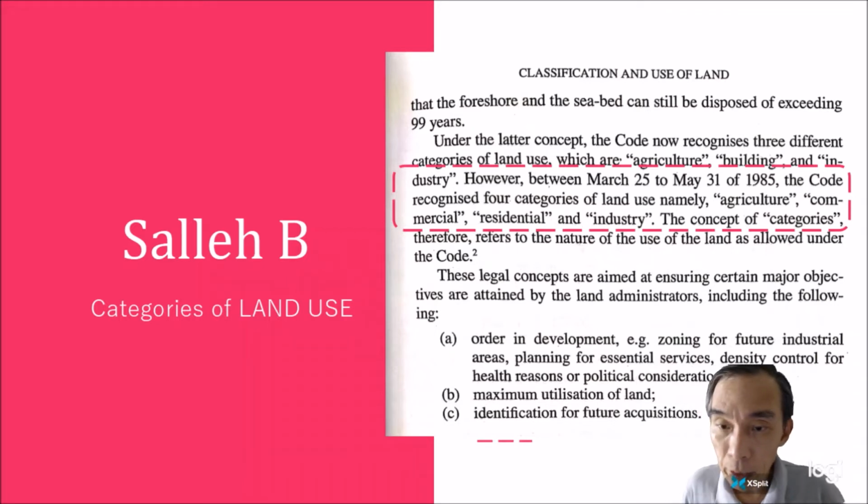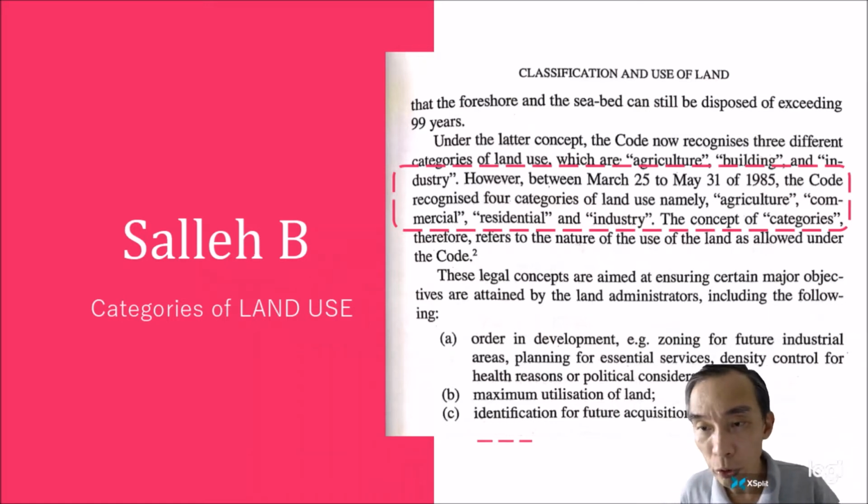But generally, if you have an old title, the title is blank, silent on whether it's residential or commercial. You just put there bangunan or building. This is a common occurrence where you have an old title, which was previously not computerized, so they never wrote down whether building means a commercial building or a residential building.